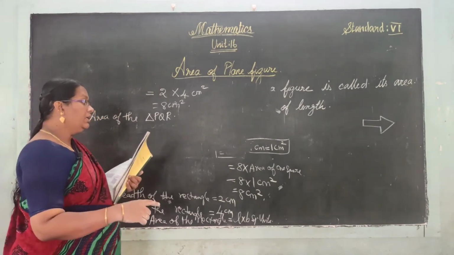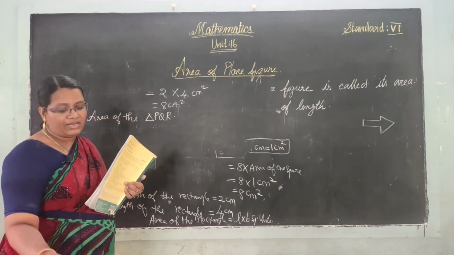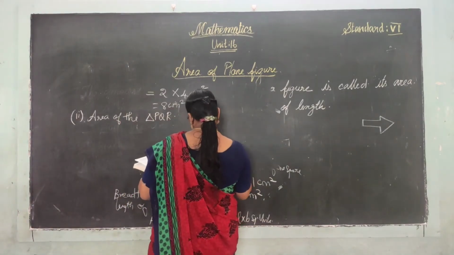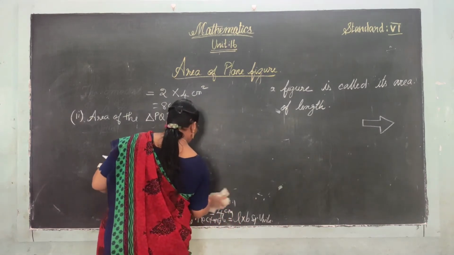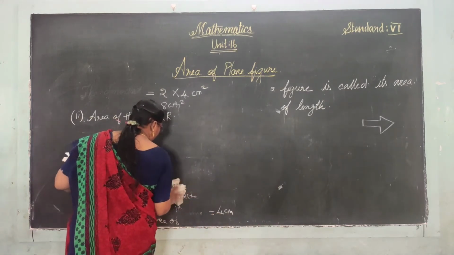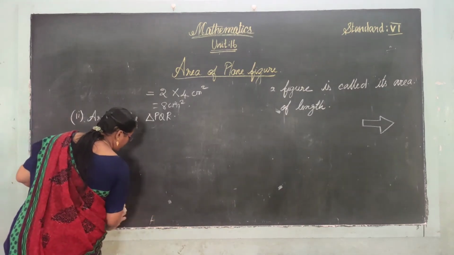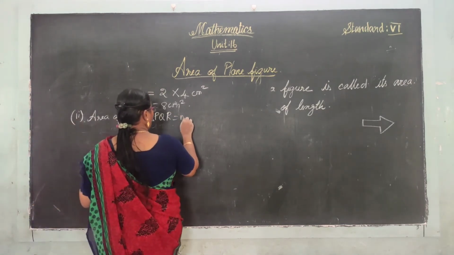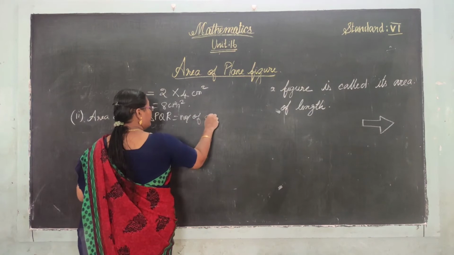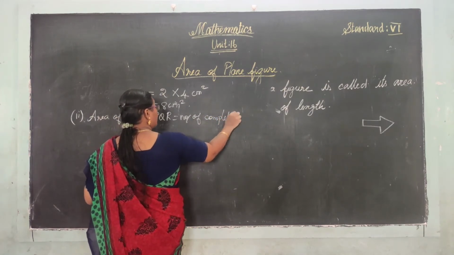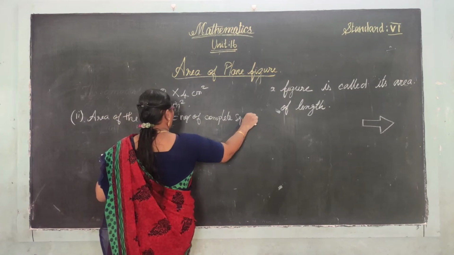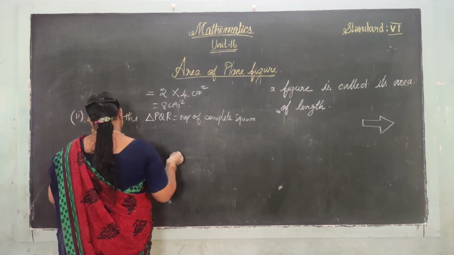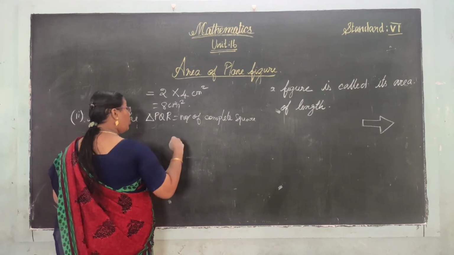So how many square boxes are fully completed? First, calculate the number of complete squares. Okay, and next we have considered the number of squares having more than half.